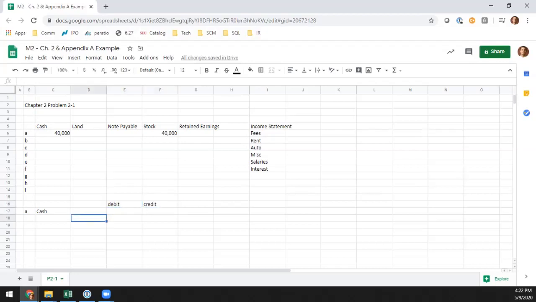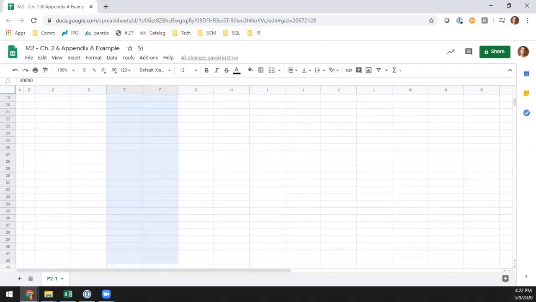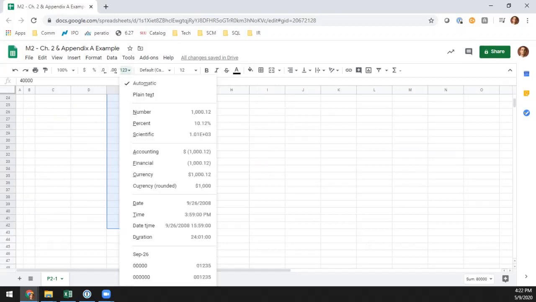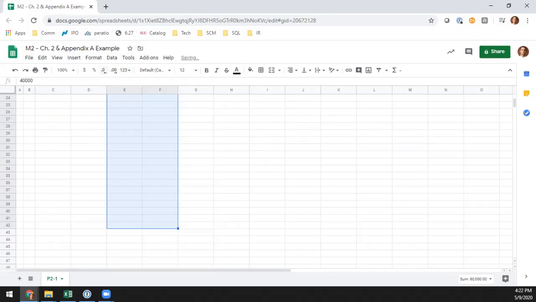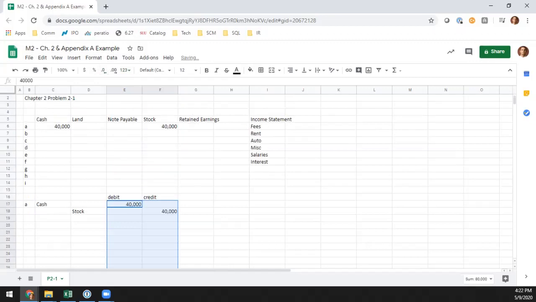Okay, so if we debited cash for 40,000, our credit has to also be for 40,000. And of course, that's going to be stock. Let me just put commas in this part.